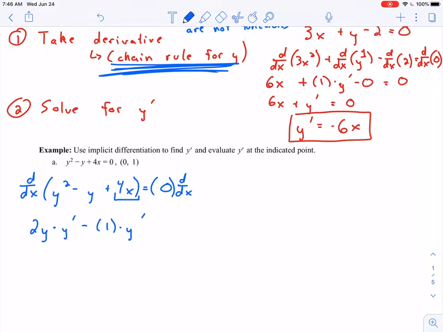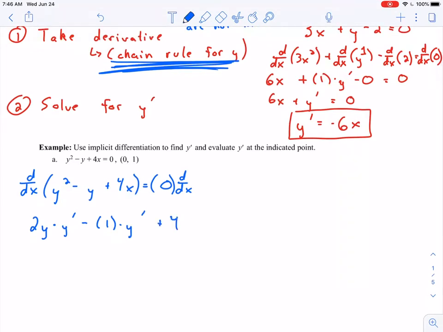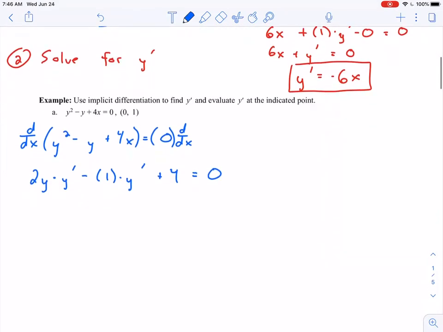There is no y for this particular term, so I'm just going to take the derivative like I normally would. So the derivative of 4x will just be plus 4, and on the other side, the derivative of 0 is just 0. So if I clean this up a little bit, I've got 2y times y prime minus y prime plus 4 is equal to 0.